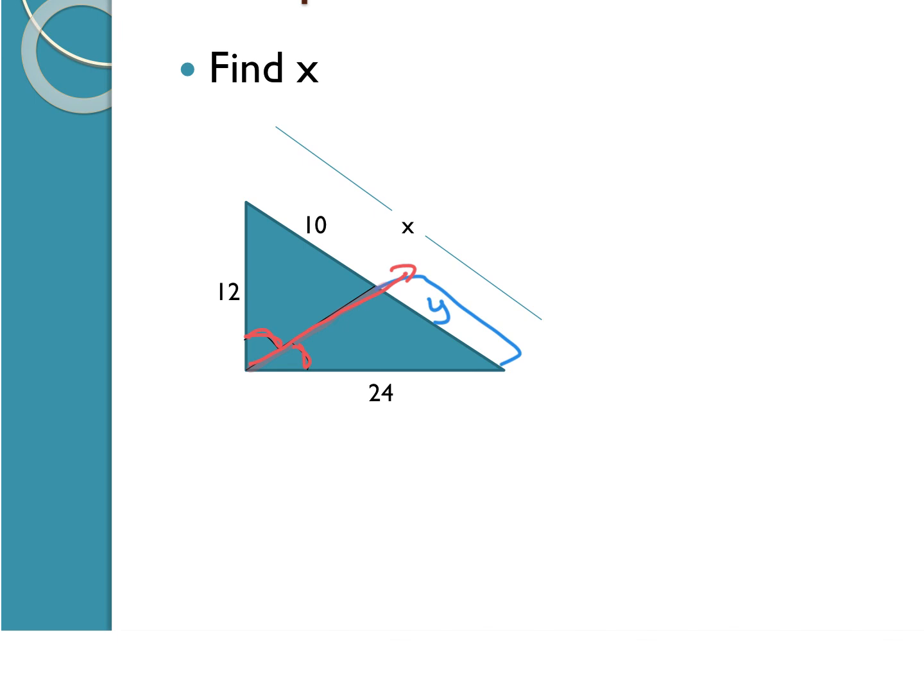So if I set up my proportion like they had in the notes there, if I do the piece that was split, so 10 over y, and then the 2 sides in the proportion 12 over 24.